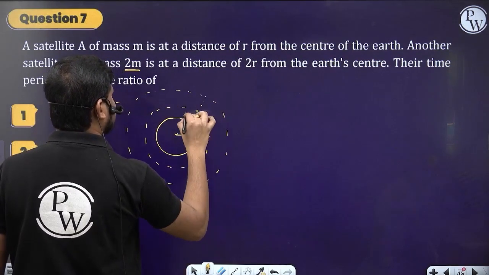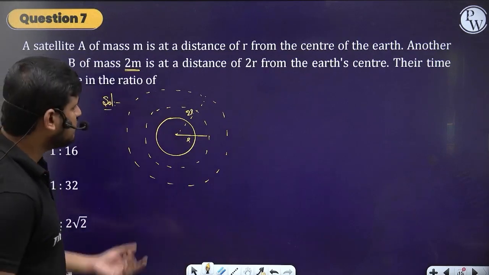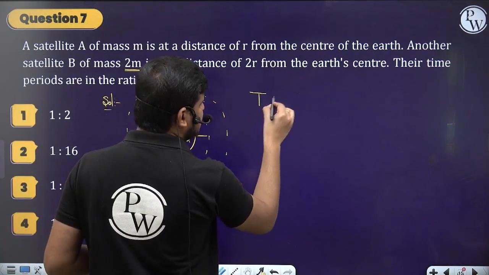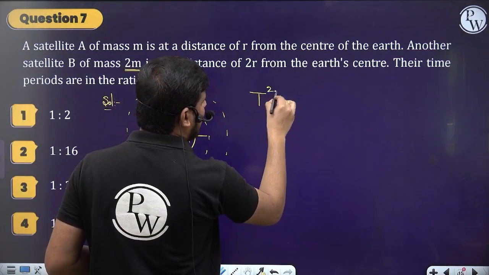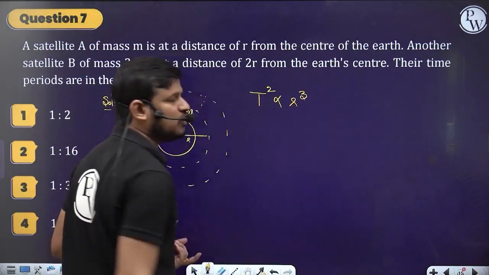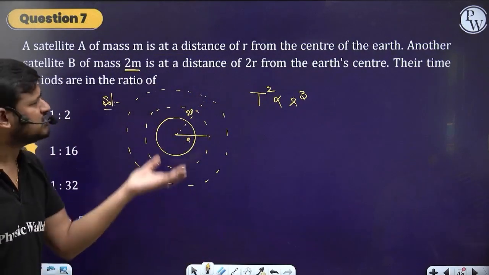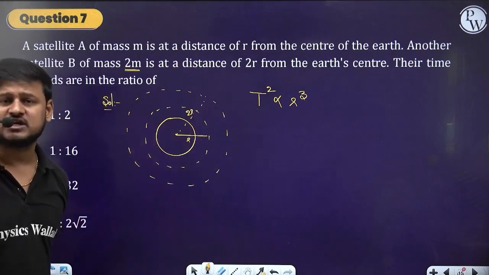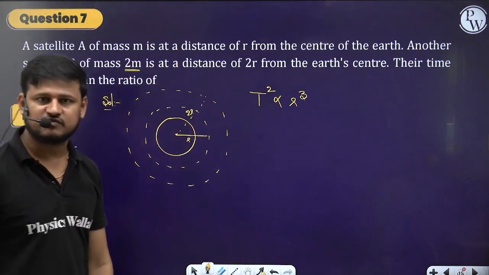So another planet is at a distance 2r. Now, we know that the time period squared is directly proportional to r cubed. I'll use this relation because I just need the time period, which depends on the distance of the satellite from the center of the planet, right?